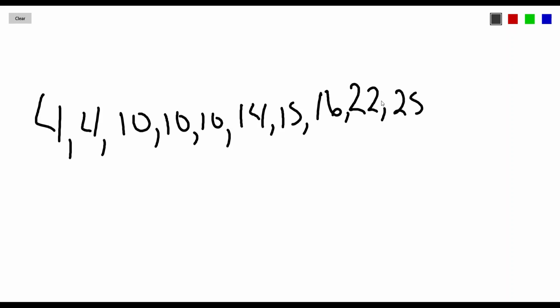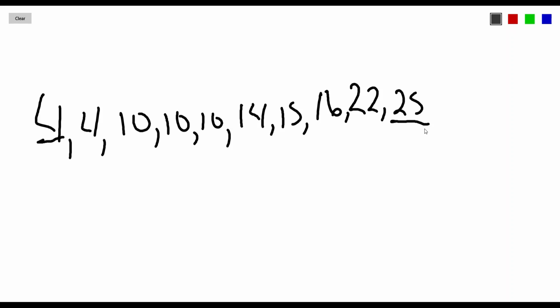All right. So now we're going to be looking at the lower extreme and the upper extreme. Again, this is easy when you sort it in order. The lower extreme would be this 4, and the upper extreme would be this 25. So lower extreme would be 4, upper extreme would be 25.